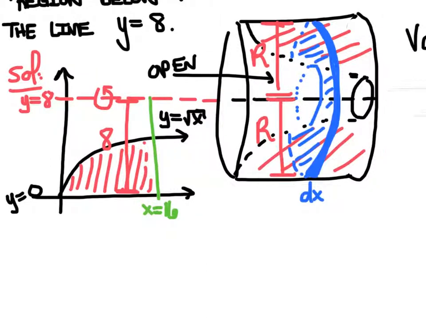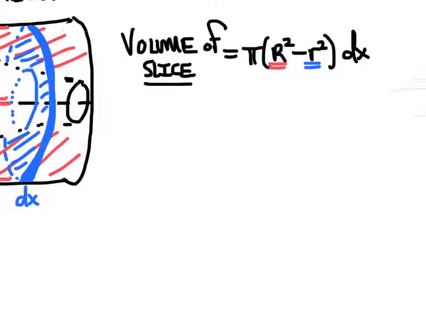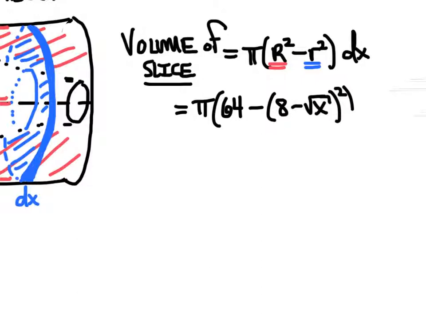Let's bring all of that information back to the equation for the volume of our slice. We get pi times 8 squared, which is 64, minus (8 minus root x) squared dx. I'm just going to expand this out so that we can get it in a more simplified version before we take our integral.